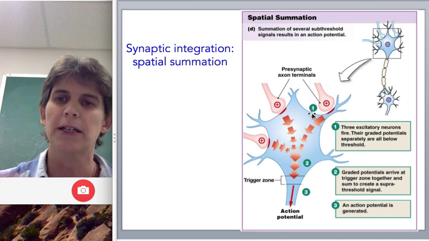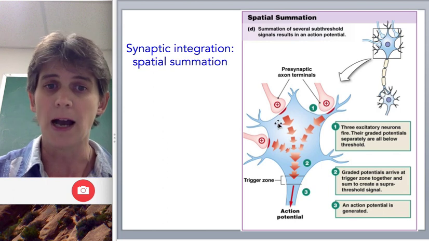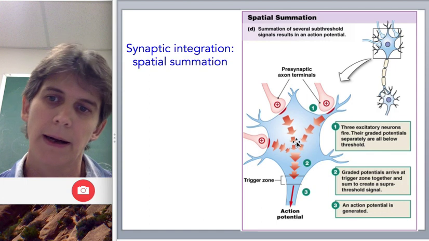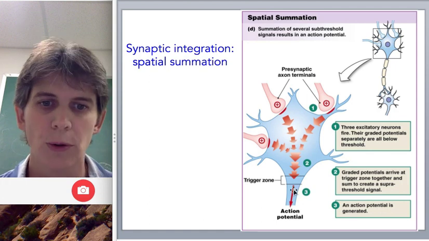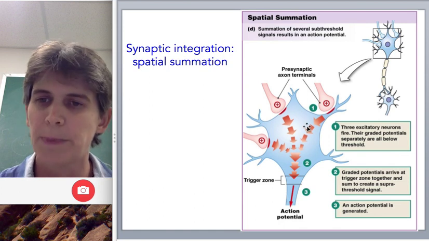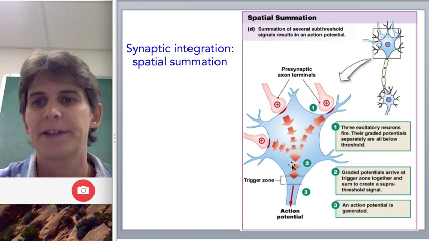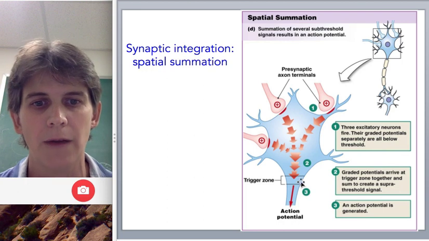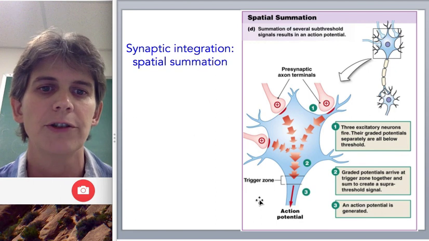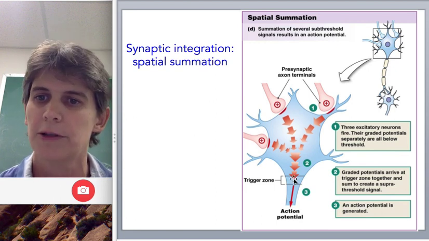And if these 3 excitatory neurons fire at about the same time, their positive charge before it dissipates will add up potentially to the threshold, and then you get an action potential here. These are graded potentials, but the sum of them, if it's enough to reach -55, will trigger an action potential.